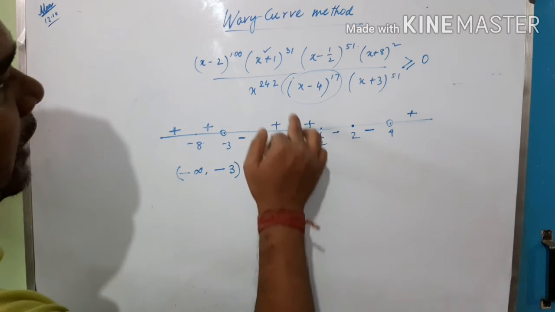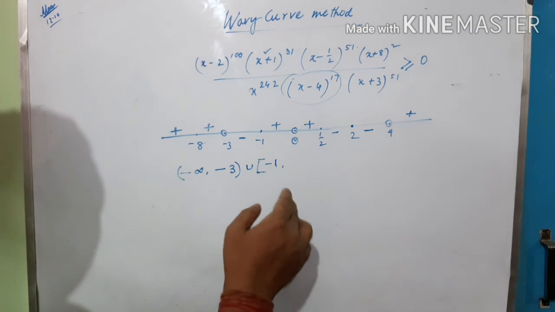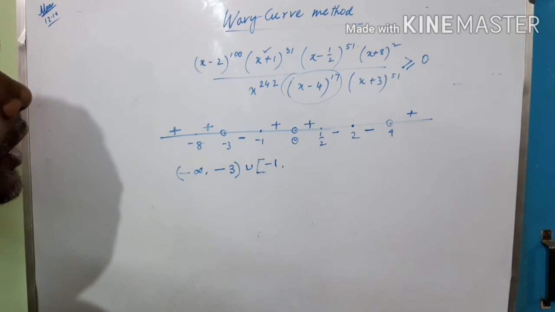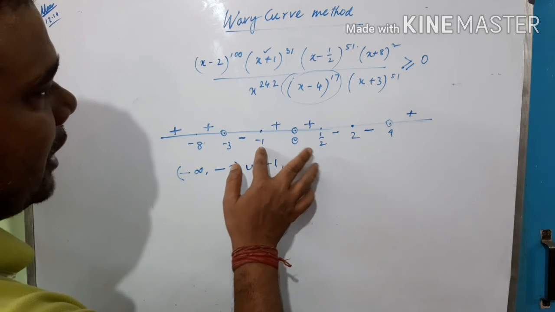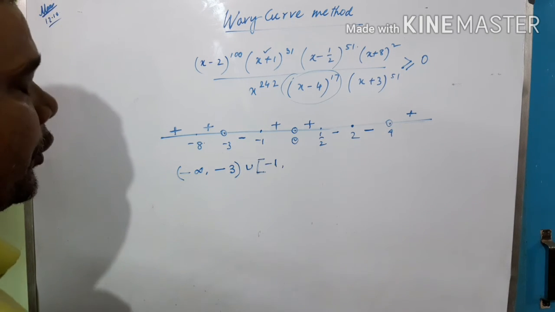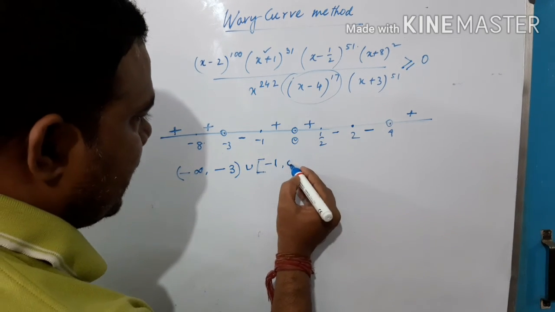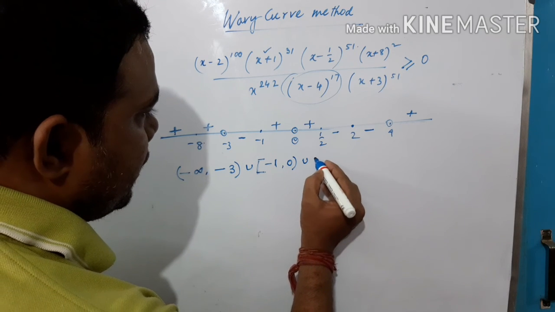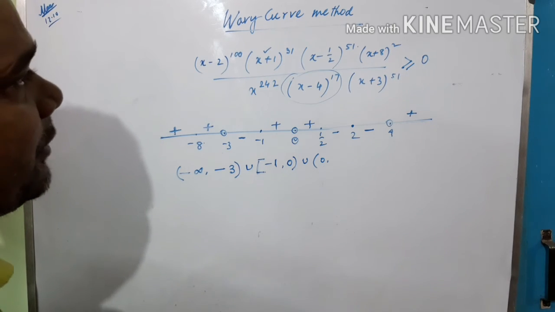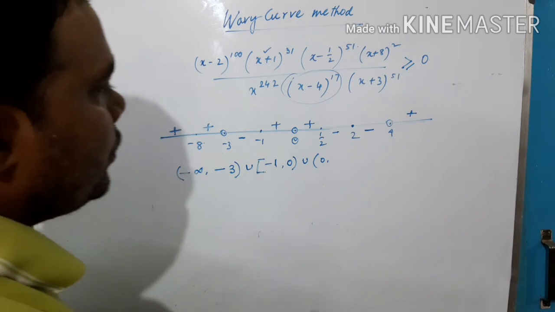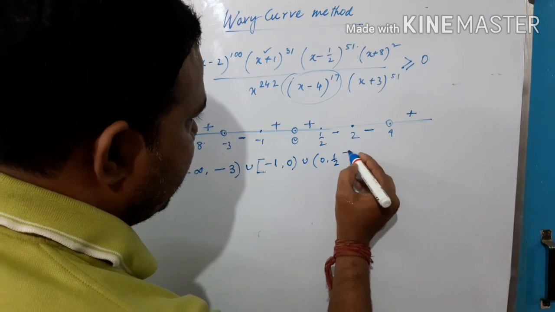At the point 0, the value of the expression is undefined because 0 is a pole of the expression. So we cannot include the value 0 in this interval minus 1 to half. So here we are separating the interval minus 1 to 0, union 0 to half. Again, half is coming from the numerator, so we shall put a close bracket over here.